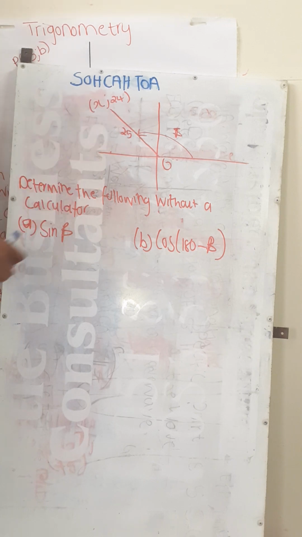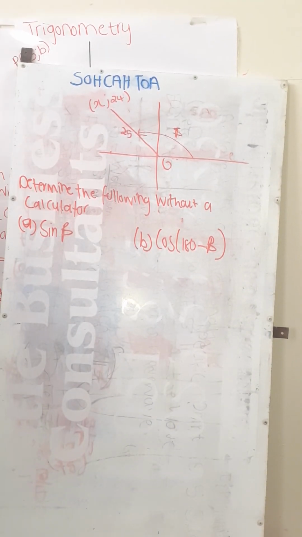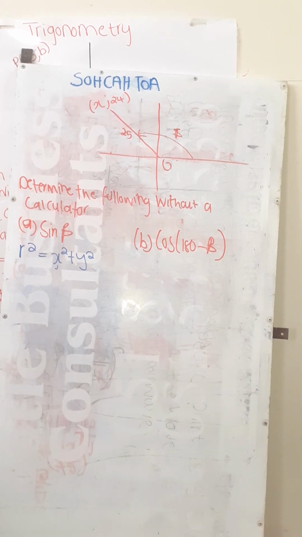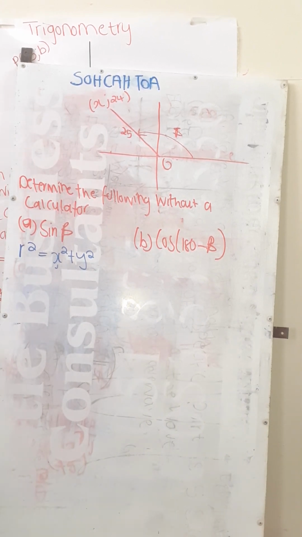Now we have to look for x in order to solve these problems. So in order for us to do that, we are going to use Pythagoras. R squared equals x squared plus y squared. Alright, so we are going to substitute the points.